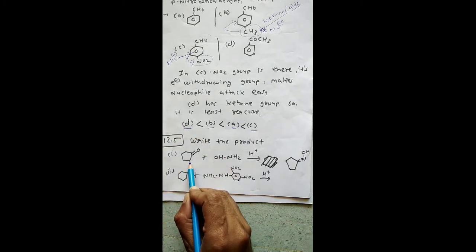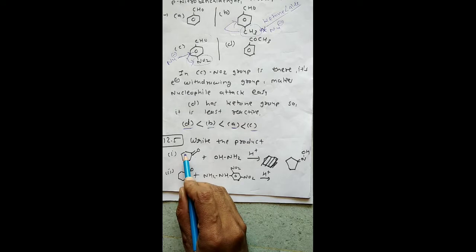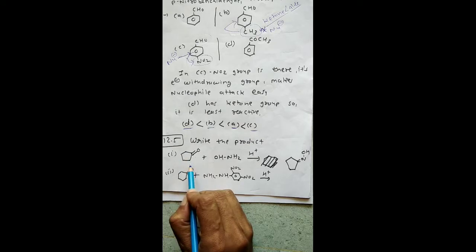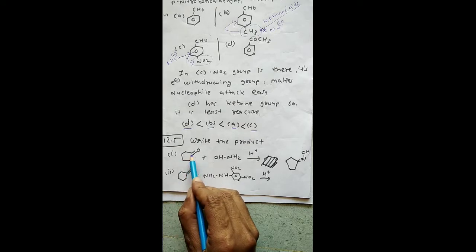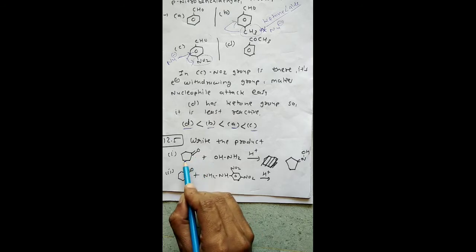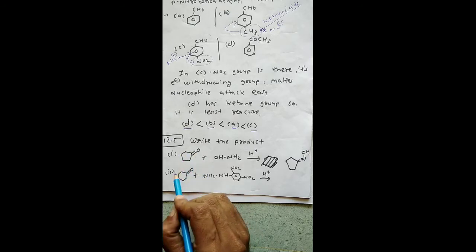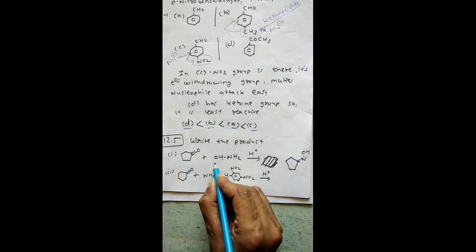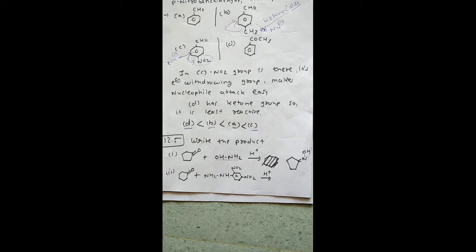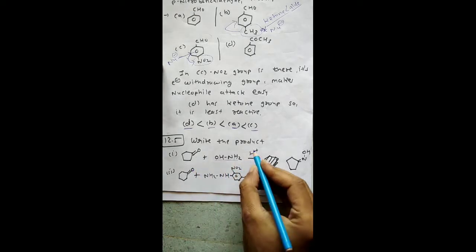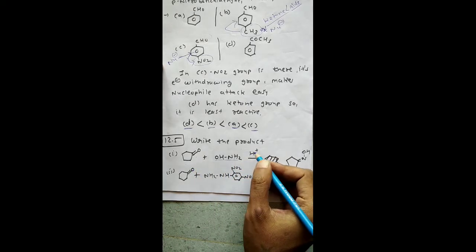Now next question. Write down the product. You can see this one is a cyclopentanone. In cyclic form we have 5 carbons here. On that we have a ketone group. So it is cyclopentanone. When it reacts with hydroxylamine, this one is hydroxylamine, in the presence of acid, what happens here?